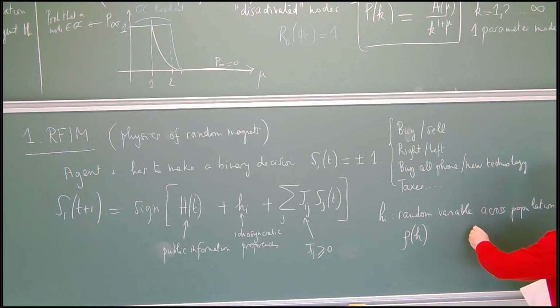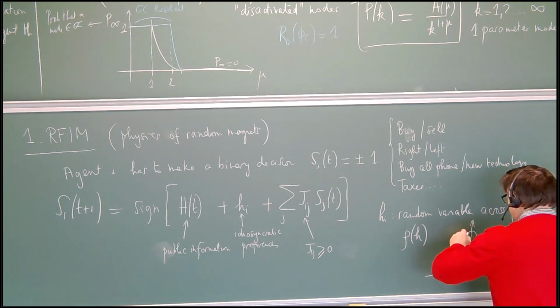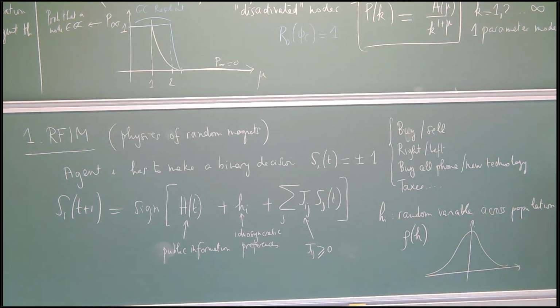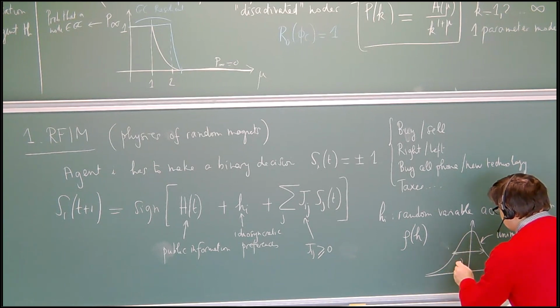And so this rho of h, I'm going to assume that it has a shape like this, Gaussian, for example, or unimodal. If it has more than one maximum, then what I'm going to tell you today needs to be a little bit amended, but I'm not going to use this today. So unimodal. And it's characterized by some width sigma.